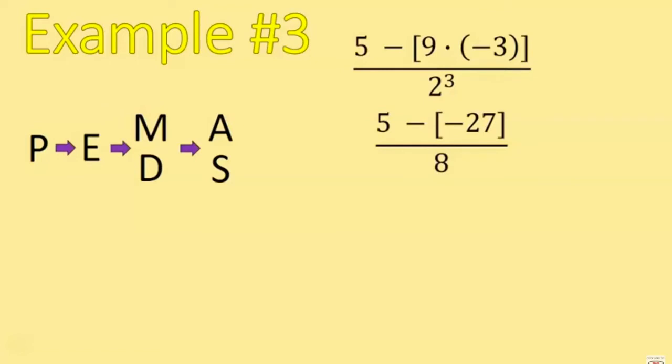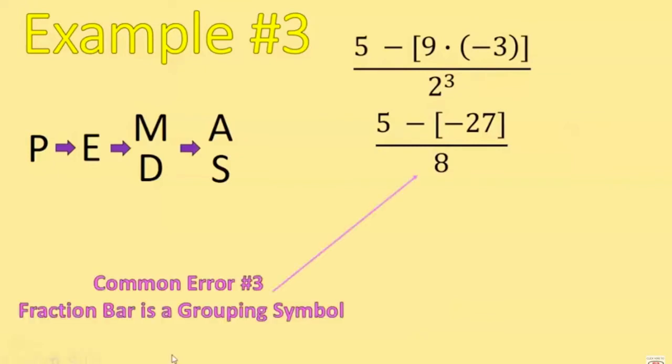In my first step, I actually did two things, because fractions take up more space. Notice that I simplified 9 times -3 to being -27. I also simplified 2 to the power of 3 in this same step. The reason that I can do that is our third common error, or third common misunderstanding.